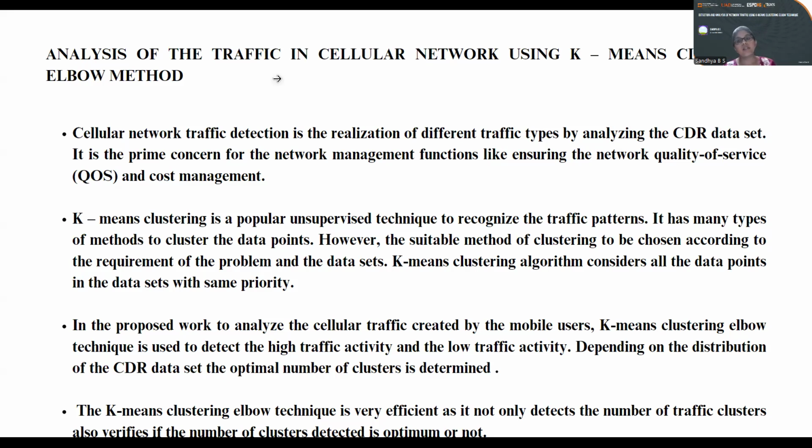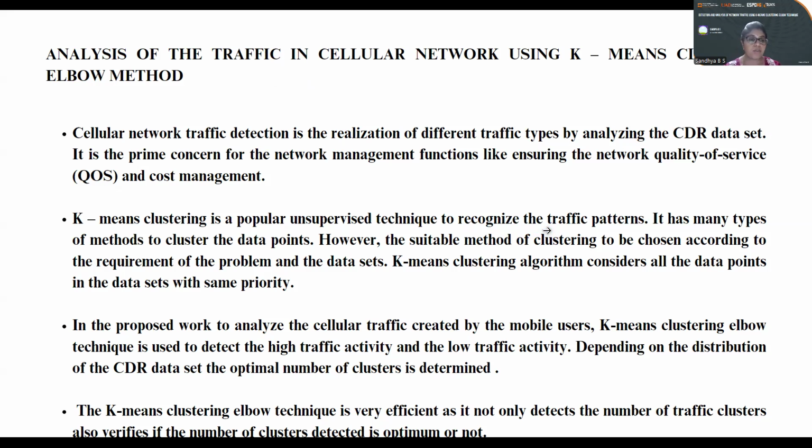However, the suitable method of clustering is to be chosen according to the requirement of the problem and the data sets. K-means clustering algorithm considers all the data points in the data sets with the same priority. In the proposed work to analyze the cellular traffic created by the mobile users, K-means clustering elbow method technique is used to detect the high traffic and the low traffic activity.